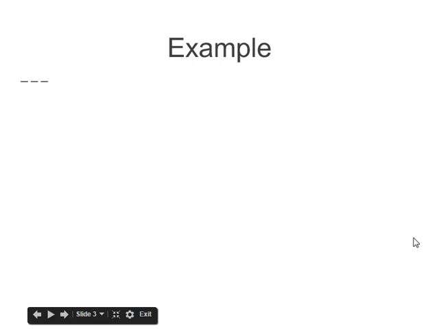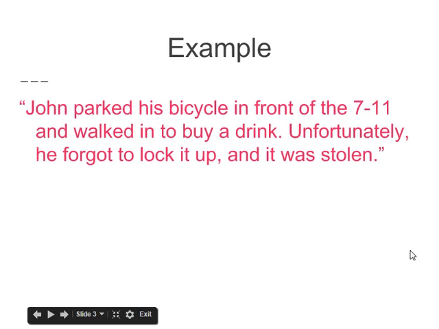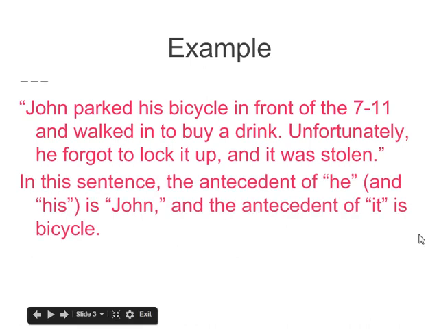Here's an example of pronouns and antecedents. John parked his bicycle in front of the 7-Eleven and walked in to buy a drink. Unfortunately, he forgot to lock it up and it was stolen. Well, in this sentence, the antecedent of he in that second sentence is John.